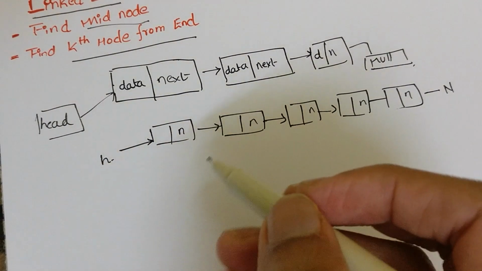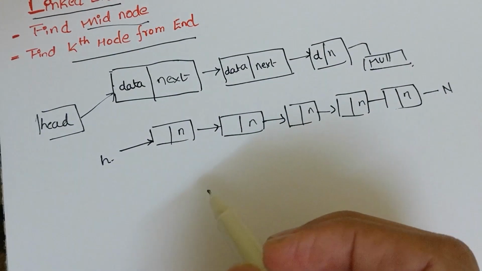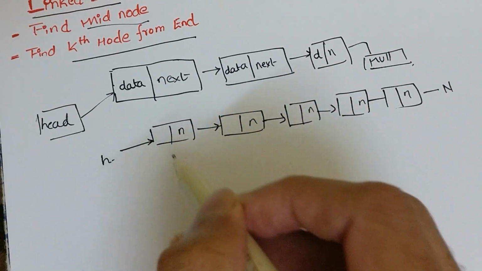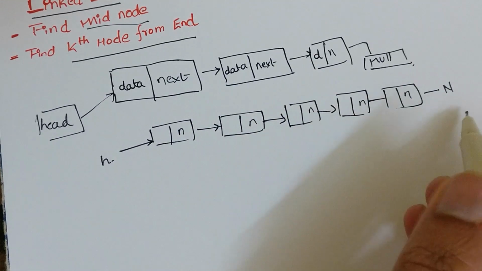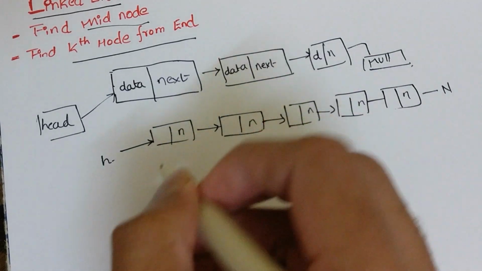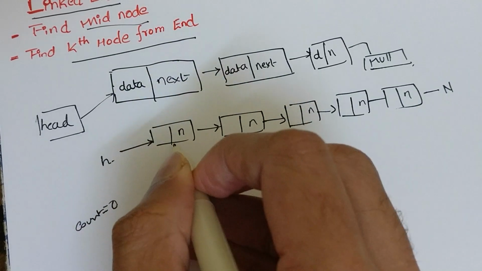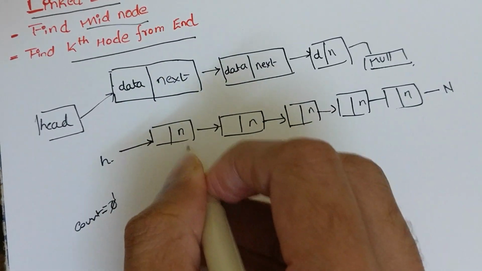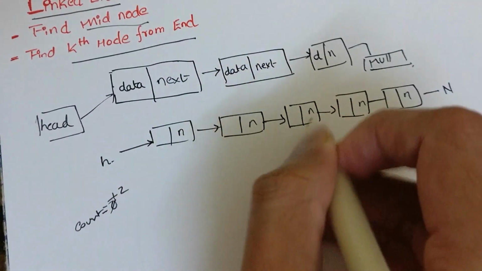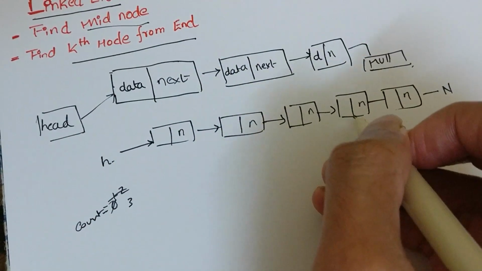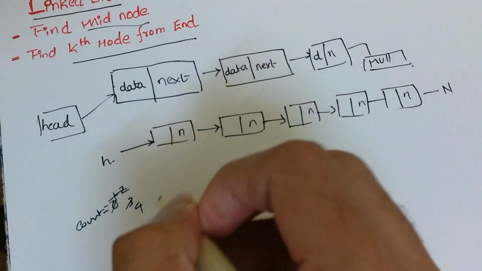One possible, naive way would be to count. I will traverse this list till I reach null, with a count which is 0 at first. For every node I reach, I'll make it 1, then 2, 3, 4, and 5.